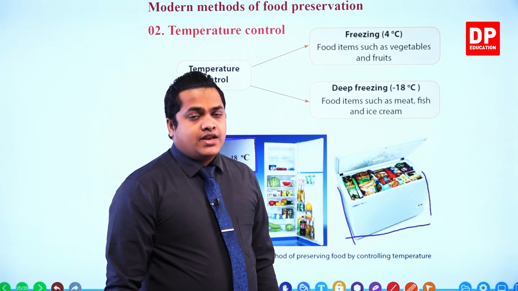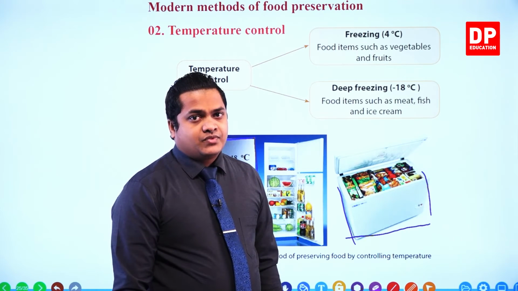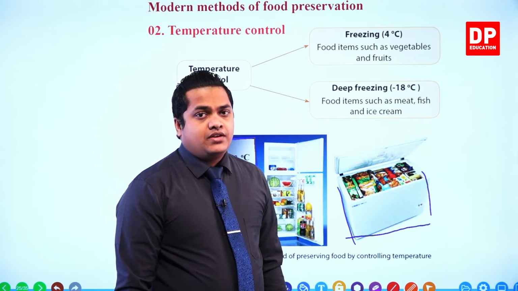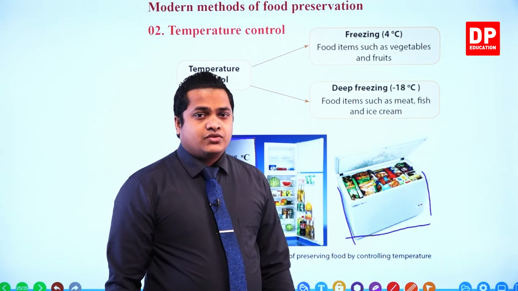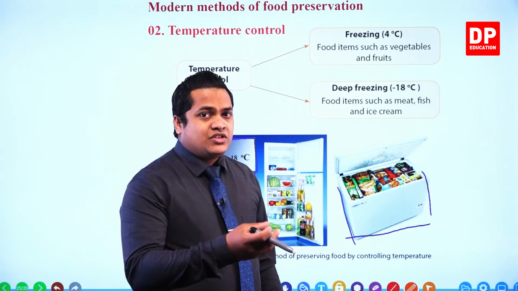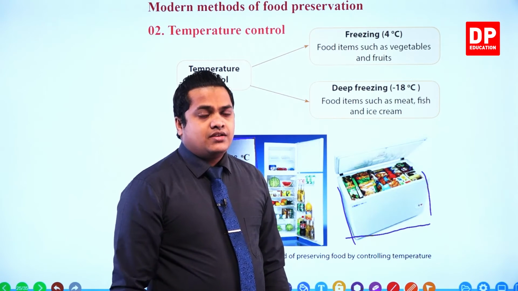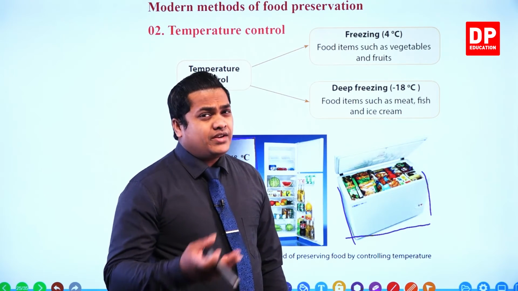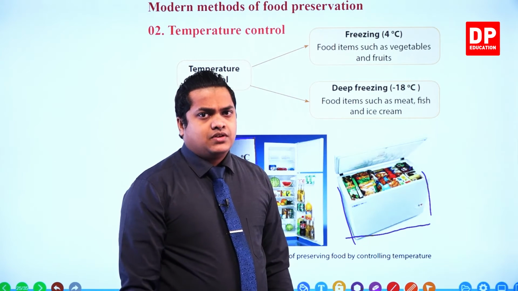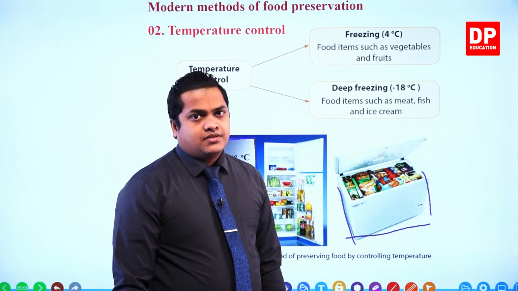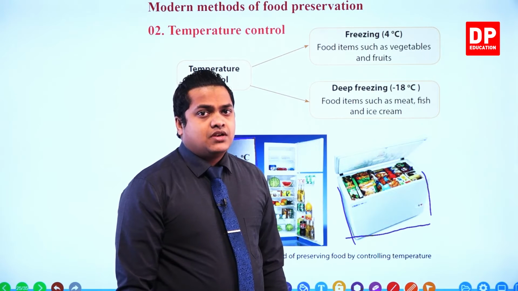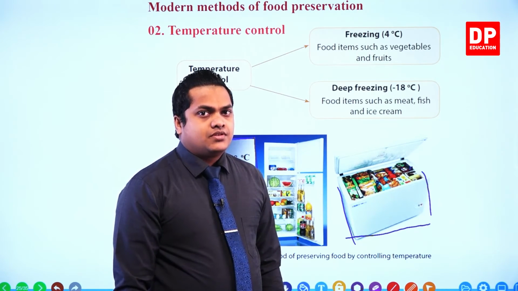Then potato chips are also produced and kept in these deep freezers, so you just need to take them out and cook them. It's very simple. Most of the time, prepared food is also stored within the deep freezers.